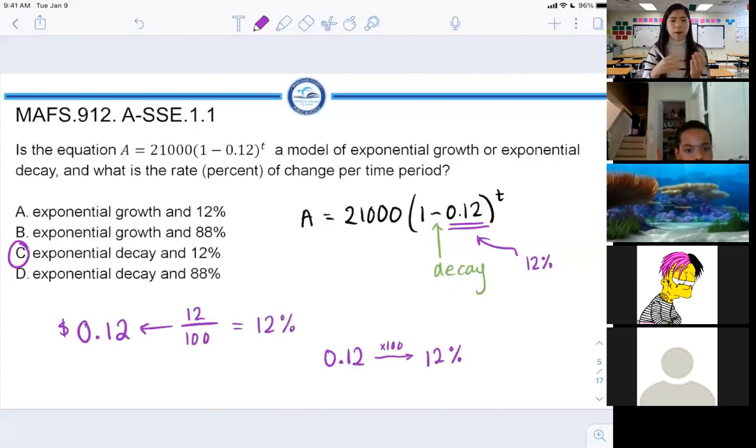That's why I multiply by 100. Does that make a little more sense? That helps out? Okay, cool, awesome. So what Perla said at the beginning, you just move the decimal place 2 times, same idea. You're doing the same thing.